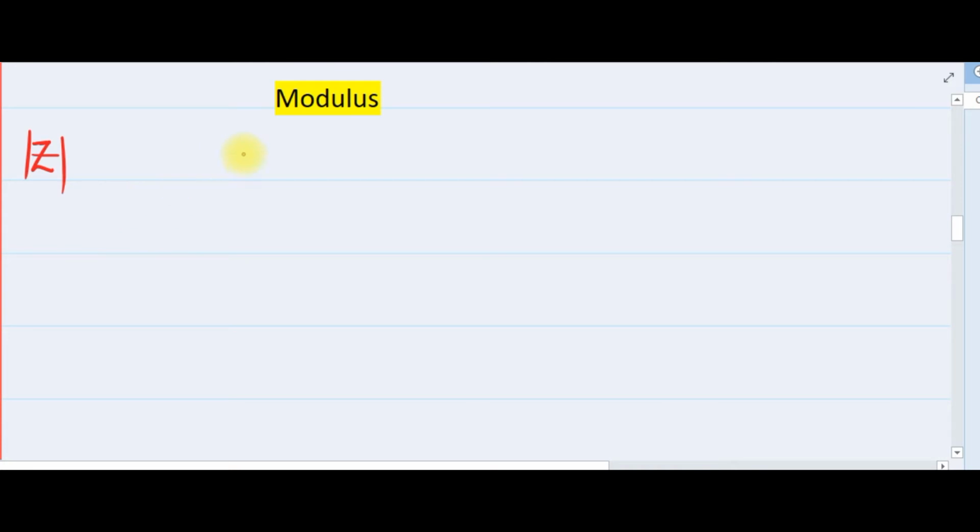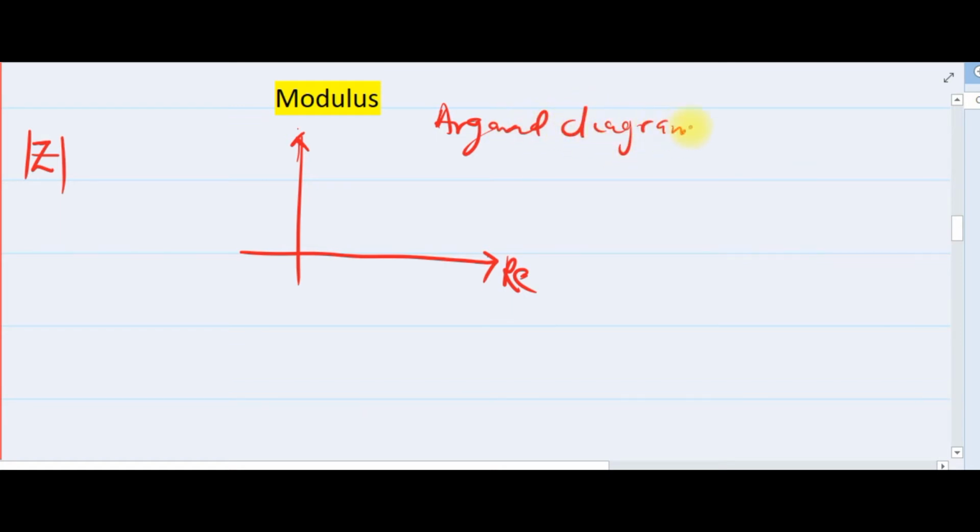Okay, I will use an Argand plane. Let me draw an Argand diagram. So this is the real part, and this is the imaginary part. We call it an Argand diagram or Argand plane.